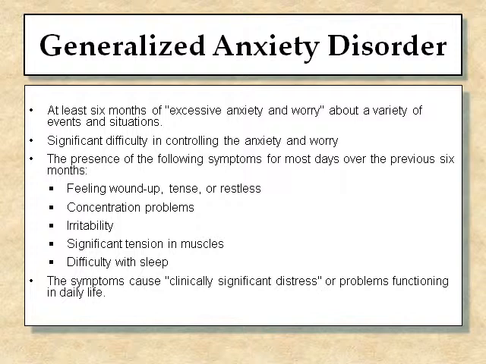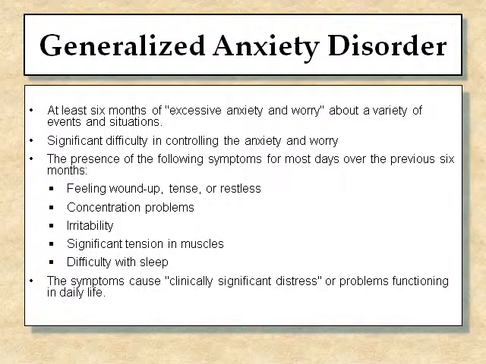The DSM, the diagnostic manual that's used by mental health professionals to diagnose, has listed some of these things as characterizing generalized anxiety disorder. At least 6 months of excessive anxiety and worry about a variety of events. The important word here is excessive, and this has been going on for 6 months or more. Difficulty controlling the anxiety and worry.